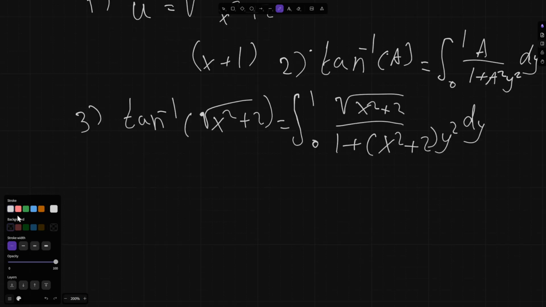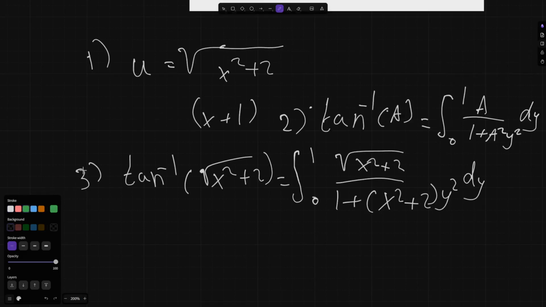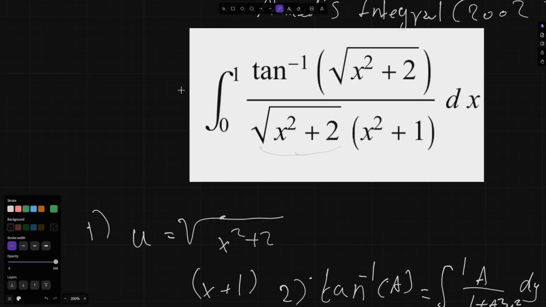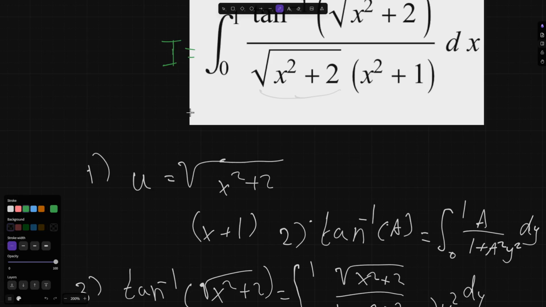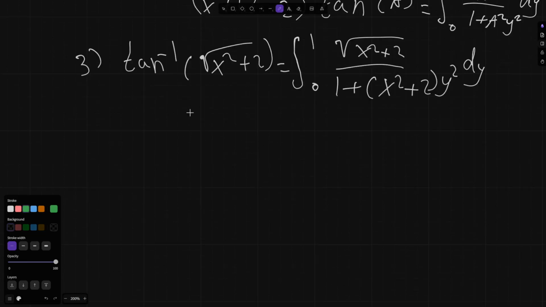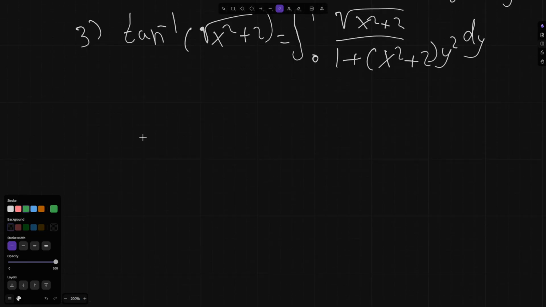Our fourth step, let's change colors here. Now we are going to substitute this back into the original question itself. Let's say this question was called I. So we are going to substitute this back into I, and it creates a double integral now.